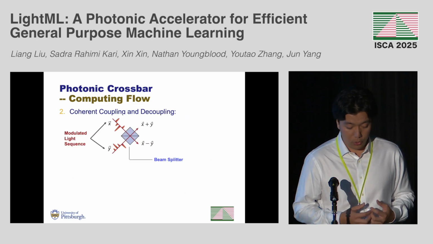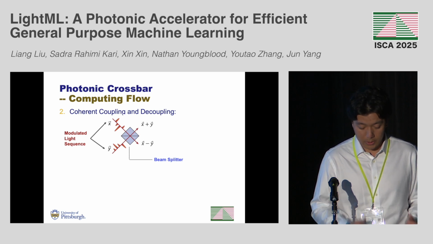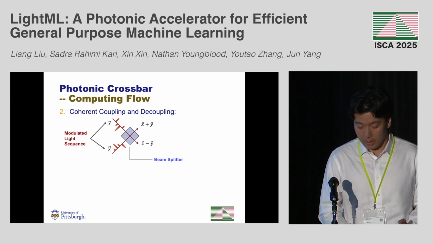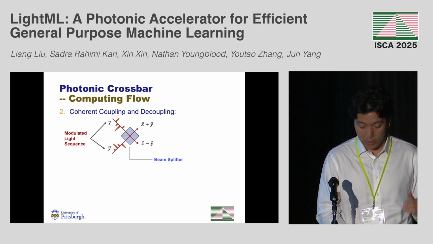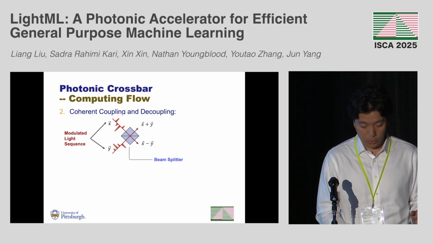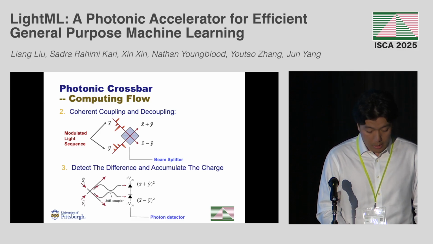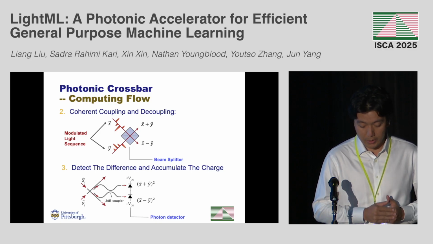After we modulate the 2 vectors, like x and y, into 2 sequences of light, the second step is to make those 2 lights interact with each other. We send them into the beam splitter to couple and decouple the lights. According to a difference in the reflection angles, the bottom light is half a wavelength slower than the top one. It turns out that the superposition of the light at the top will be x plus y, and at the bottom will be x minus y. After coupling these 2 lights, we direct them into the 2 photon detectors.